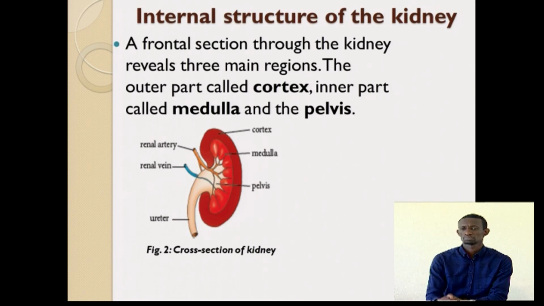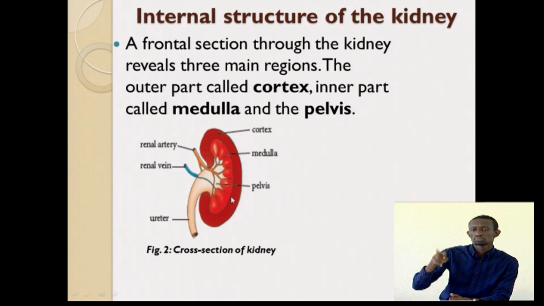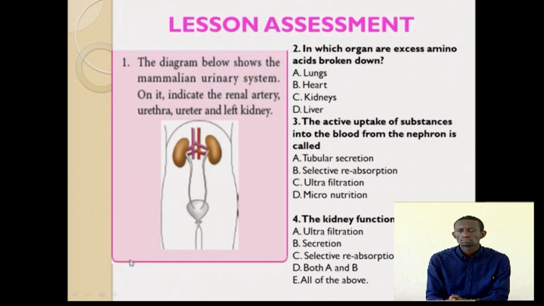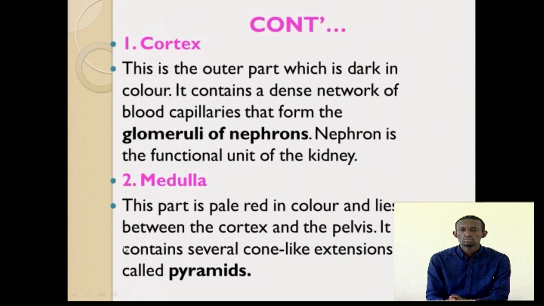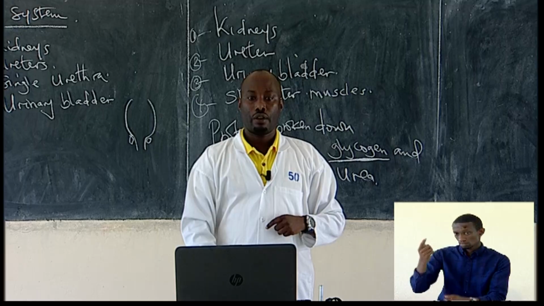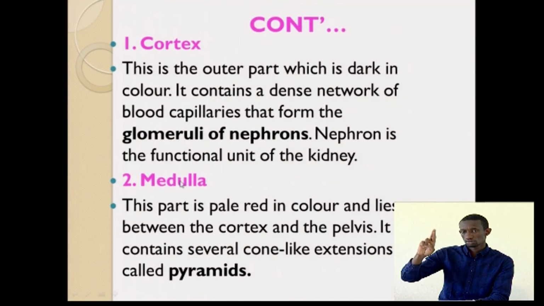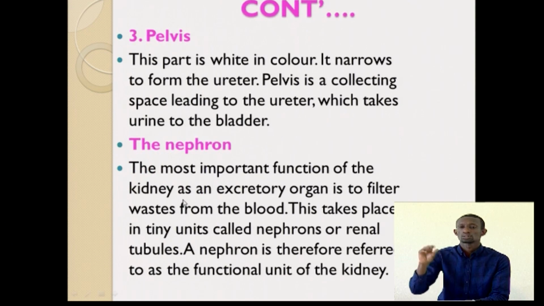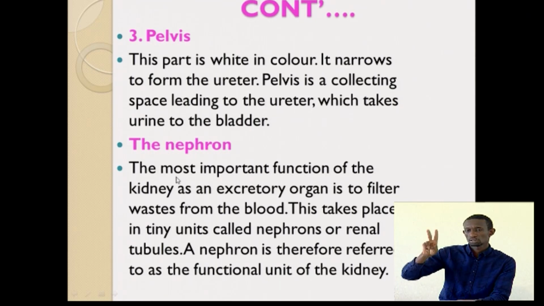This is a cross-section of the kidney, and you can try to locate these parts and see how they are arranged. We have the cortex, the medulla, as I mentioned, and the last one, which is the pelvis. Next time, we're going to discuss the nephron.